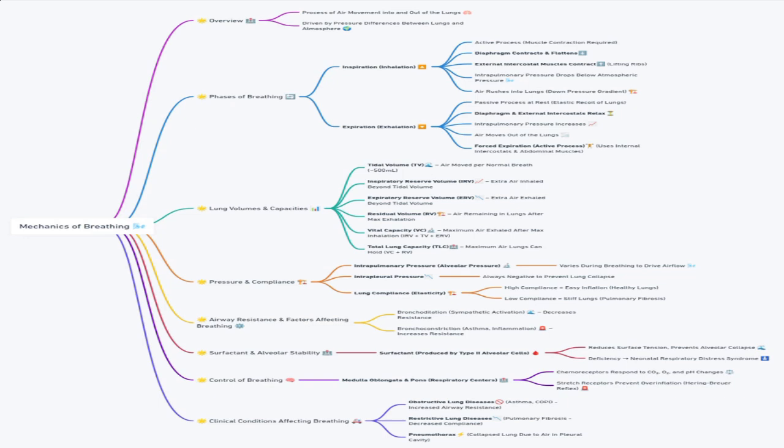You realize the difference between the lower limit of the curve, which is the intrapleural pressure, and that of the intraalveolar pressure will give you the transpulmonary pressure.